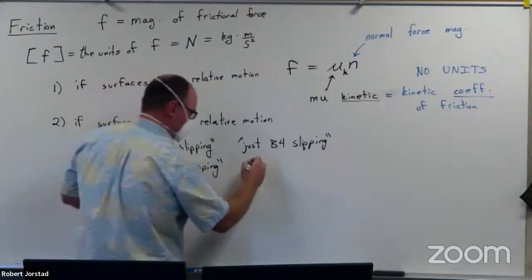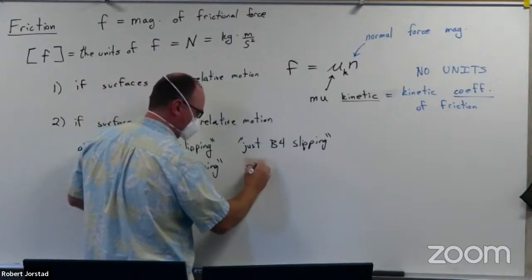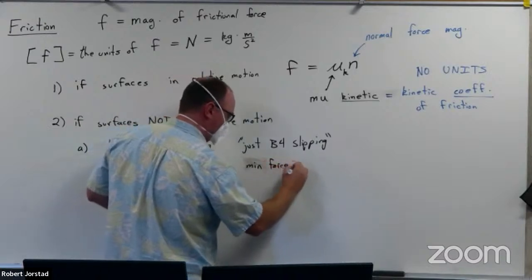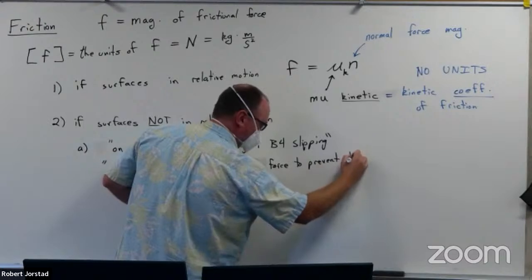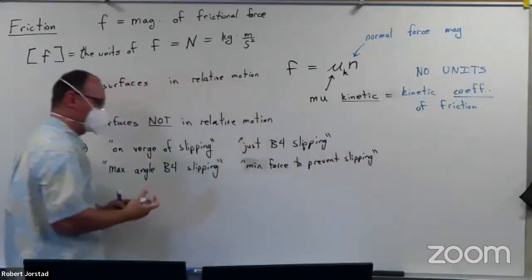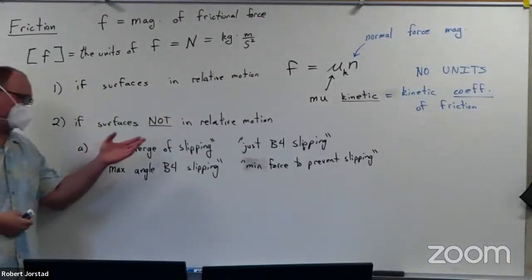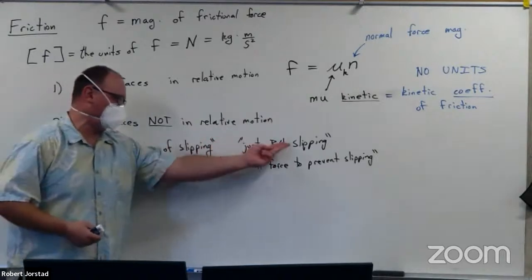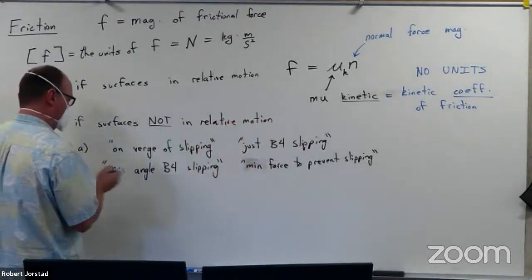Or maybe you'll see min. Sometimes the word min is used. Min force to prevent slipping. And there's many other ways this can be phrased, but if you see something in a physics problem where it's talking about being on the verge of slipping, and I argue all of these statements kind of say on the verge of slipping. So let's focus on this one.